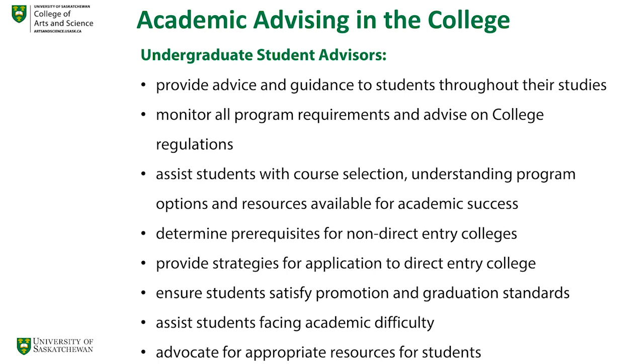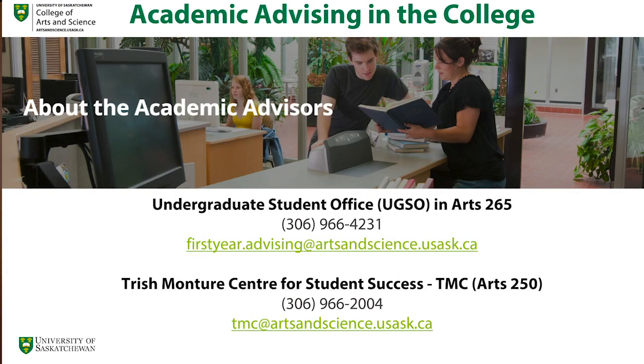They're there to help keep you on track with your progress towards your degree. So to access an academic advisor in the College of Arts and Science, you can do so by calling or emailing the undergraduate student office. The number and the email address is here on the screen.